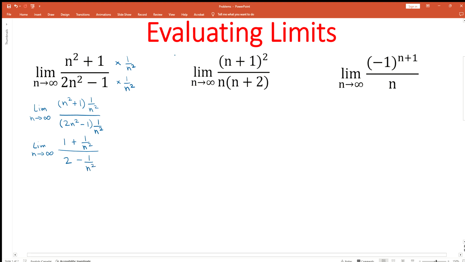Now we can use the algebraic laws of limits to apply the limit to each term in this expression in the numerator and denominator.